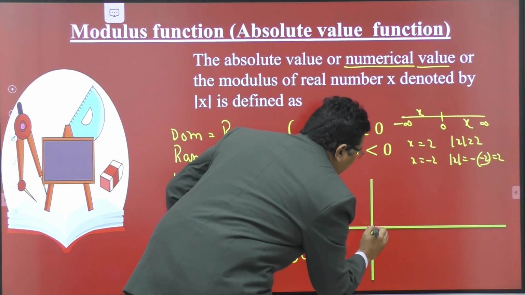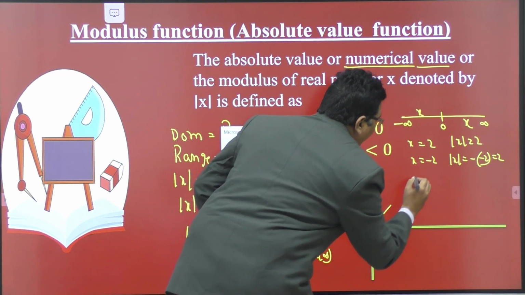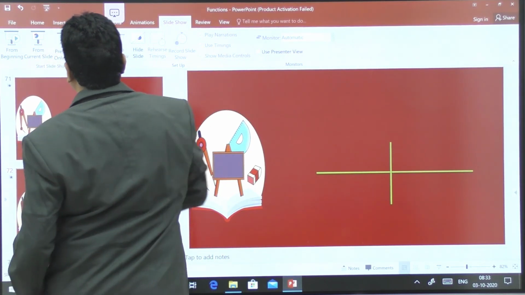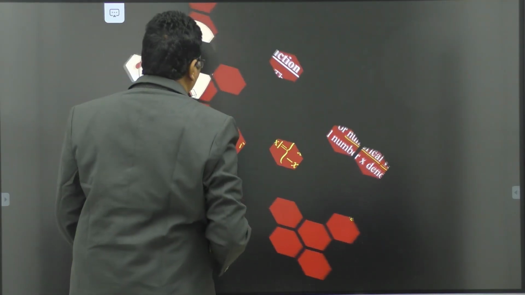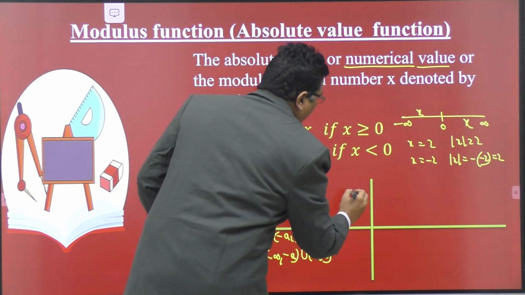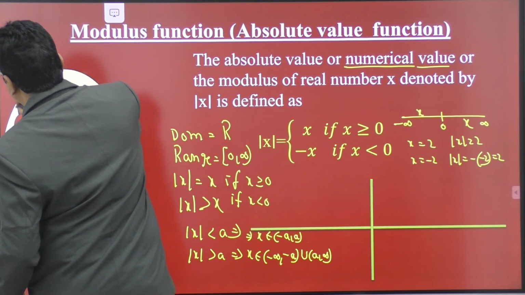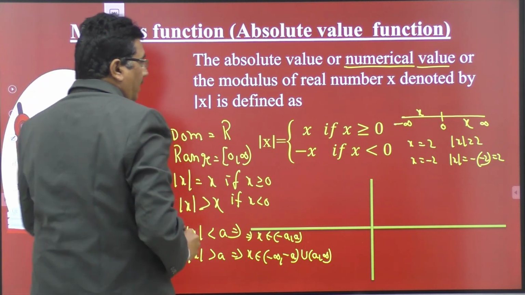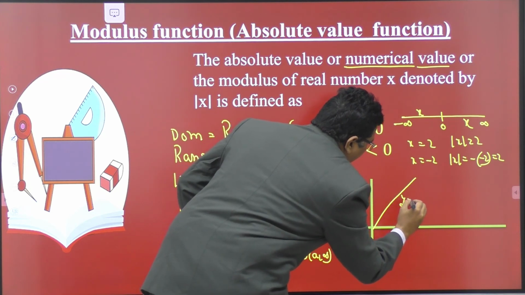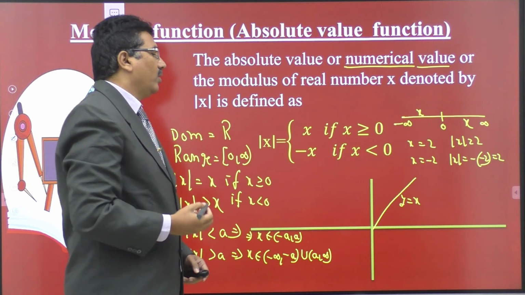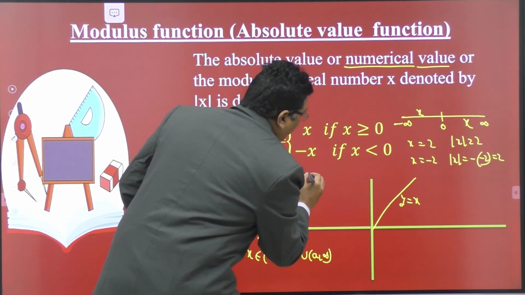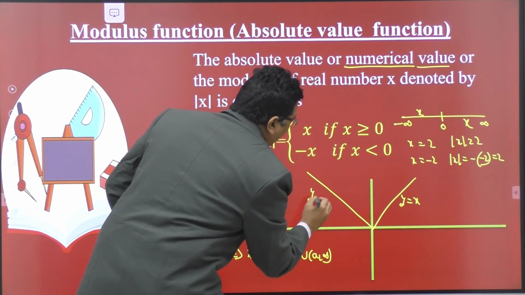Y is equal to x is a straight line passing through the origin. If x is less than 0, this portion is y equal to minus x. This is a straight line, y is equal to minus x.